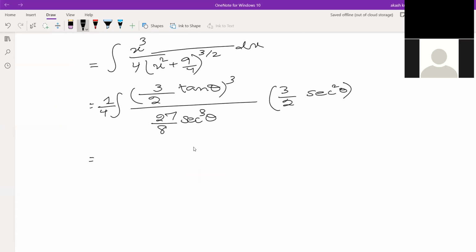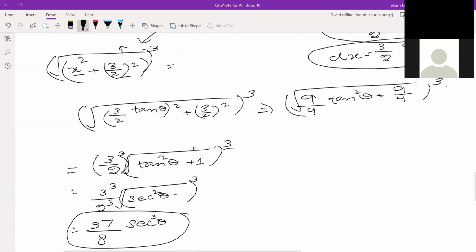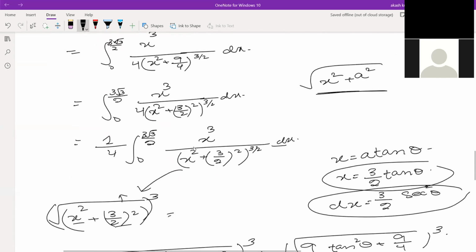And yes, we have limits also. Our limits were x1 was 0 and x2 was 3 cube root 3/2.